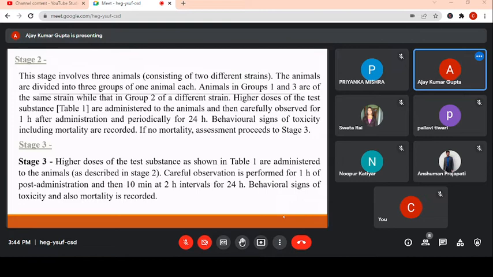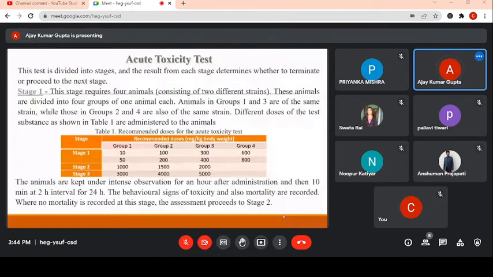In the same way as we have seen in stage 1, behavioral signs of toxicity including mortality are recorded. If no mortality, then the assessment proceeds to stage 3, consisting of even higher doses. As you can see, it may go up to 3000, 4000 and 5000.